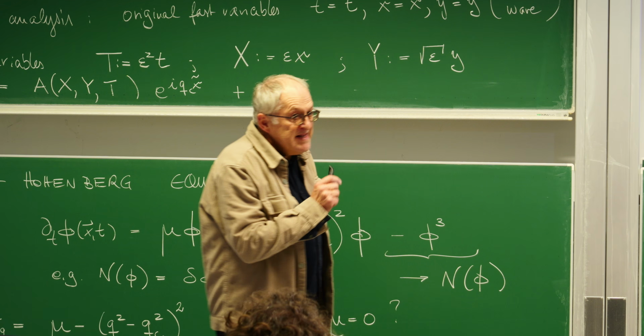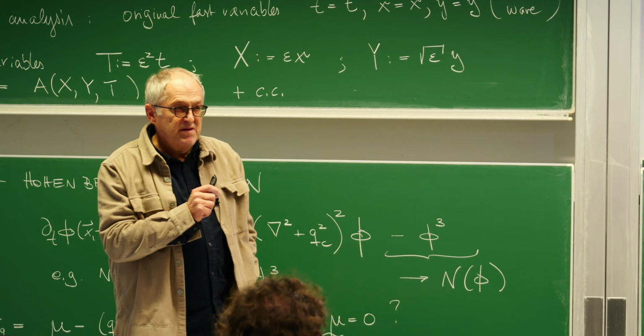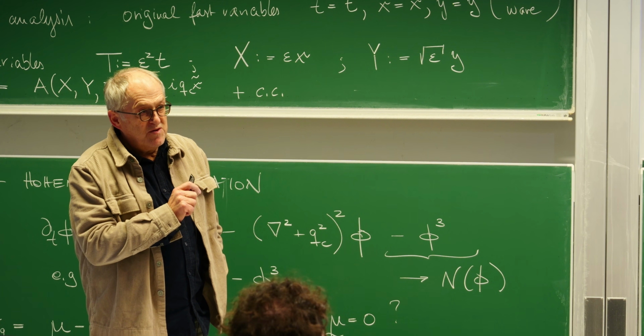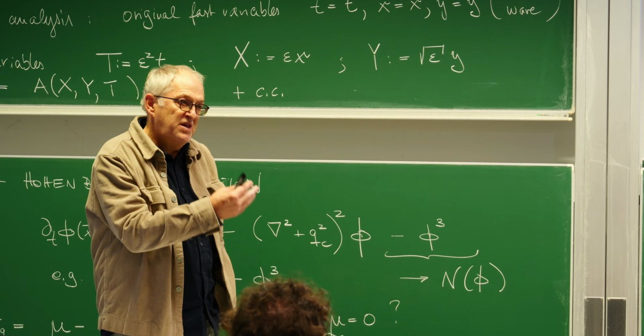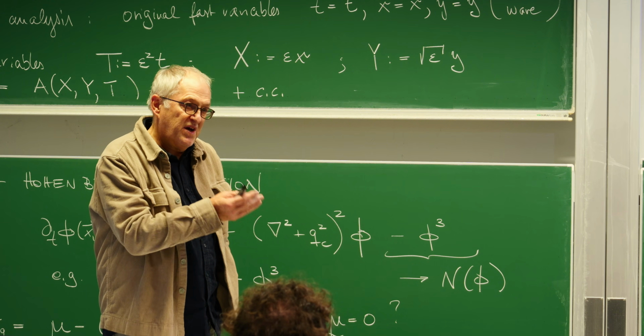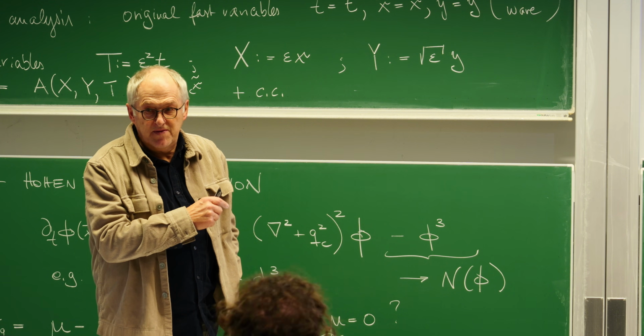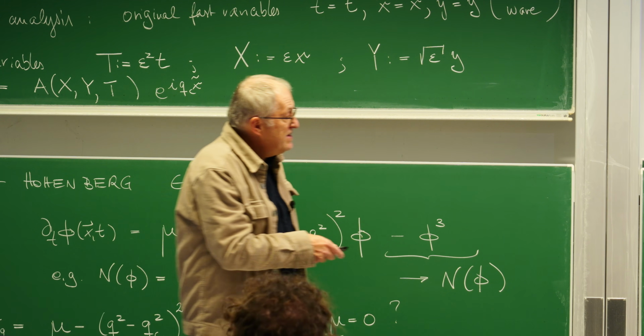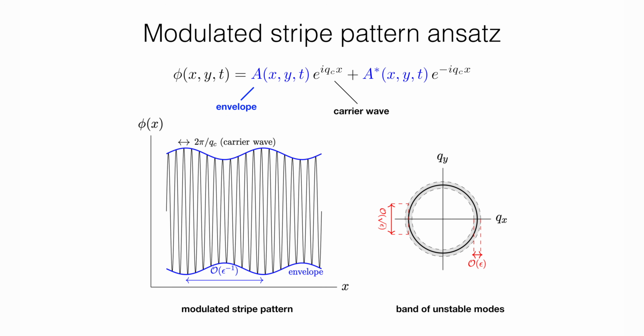When you are a little bit above the critical point, this is not the only wave vector that will be there. So if you want to capture the nonlinear effects, you have to account for the other modes as well. So far, so good? The point is that the deviation of these modes from Qc is small because you're in the vicinity of the bifurcation point.